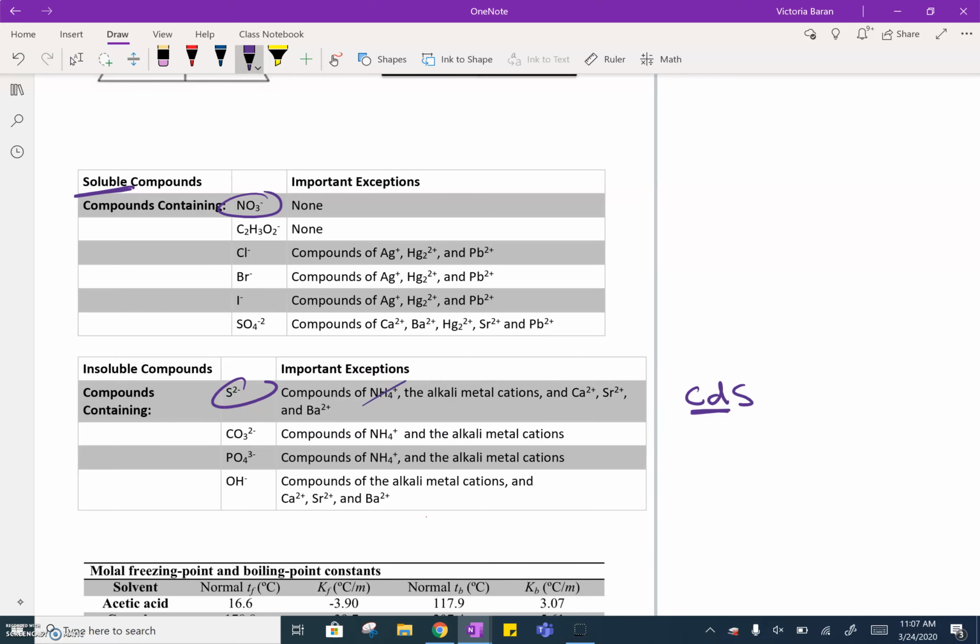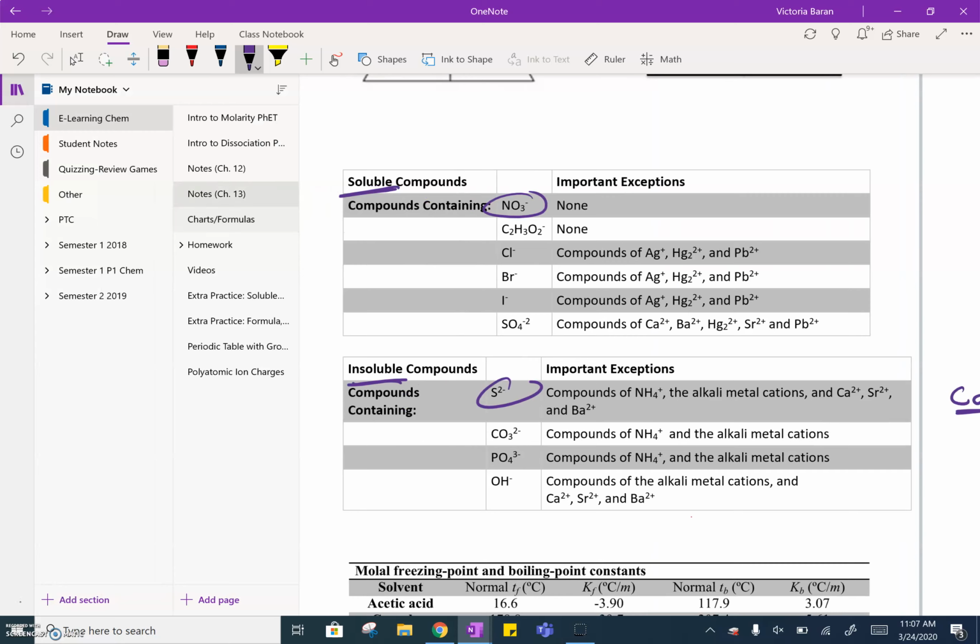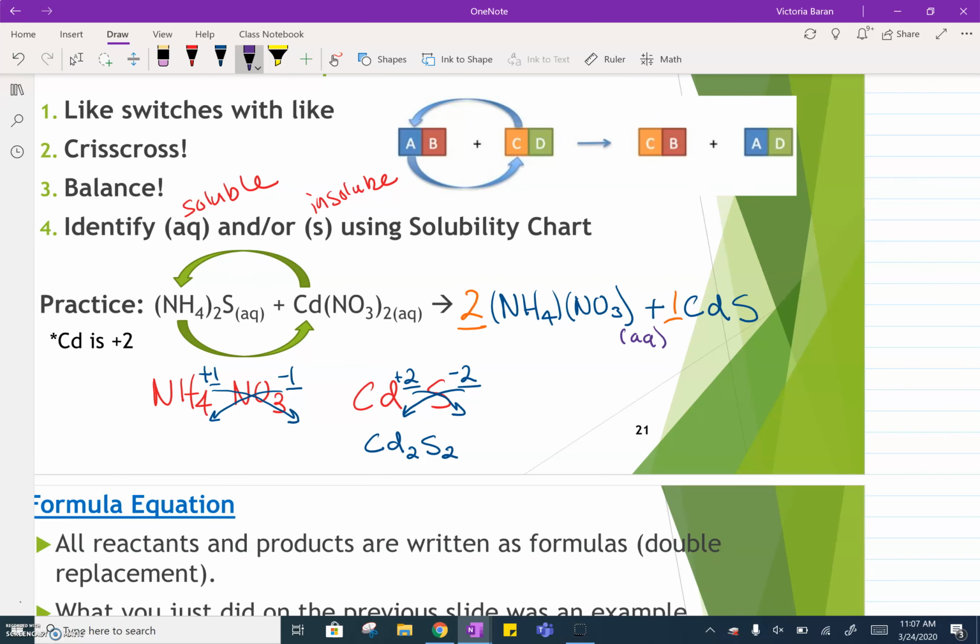So NH4, no. Cd is a transition metal. It is not in group 1. It is not an alkali metal. So I do not see it listed as an exception. Therefore, this has to be insoluble and will form a solid precipitate.